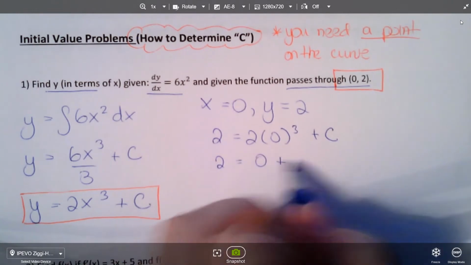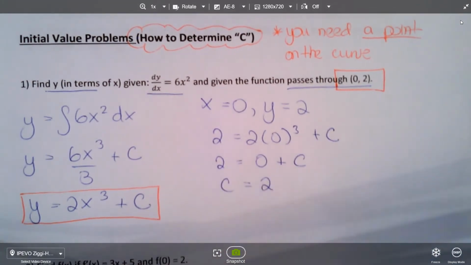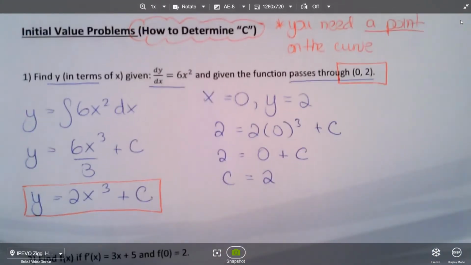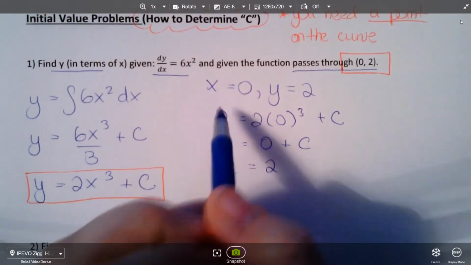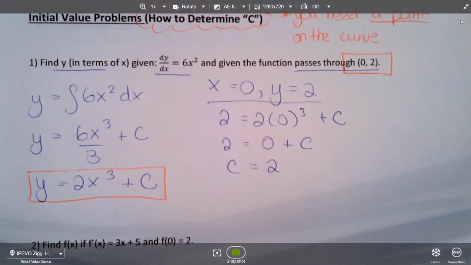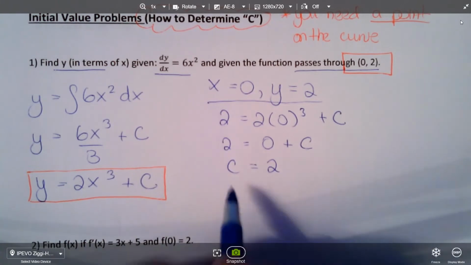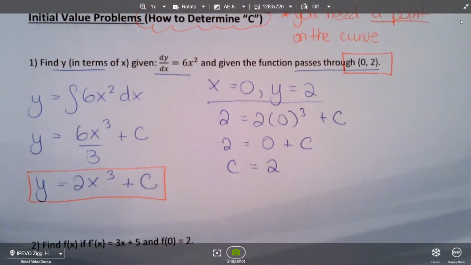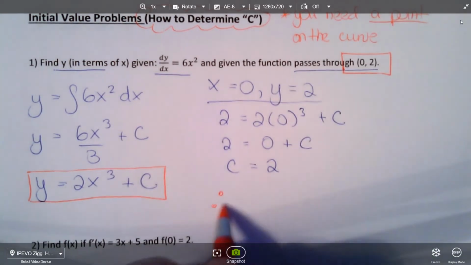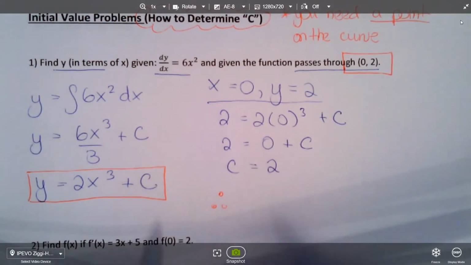I get the following. So I do some quick algebra. This really doesn't have anything to do with calculus per se. You're literally just subbing in a point into the function and you solve for c.